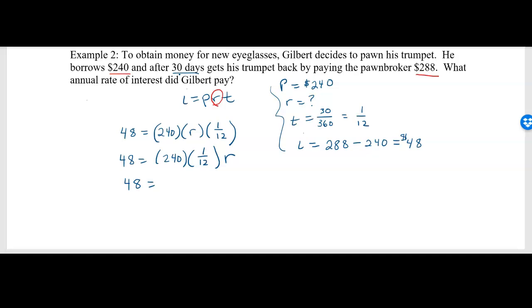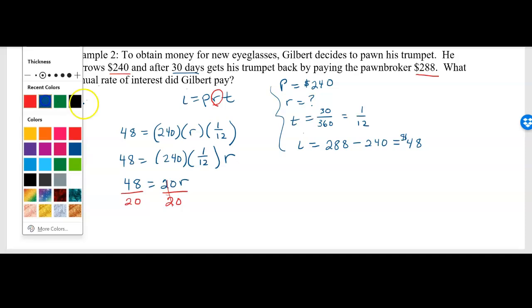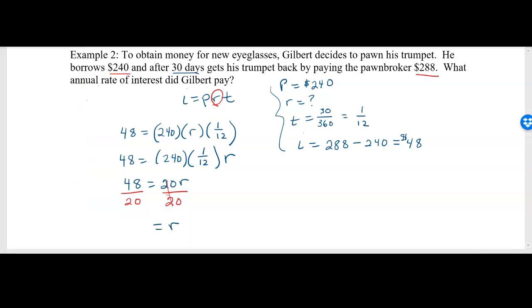They will both get you to the same answer, but that gives us 20R. Now, remember when you are solving for an equation, whatever's in front of the variable, that's what we want to divide by. So we're going to divide both sides by 20 because it cancels out on the right-hand side. That allows us to solve for the rate.